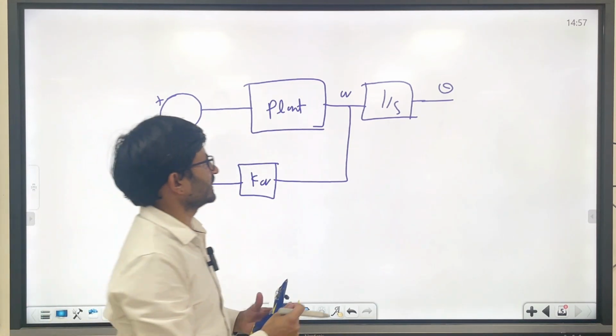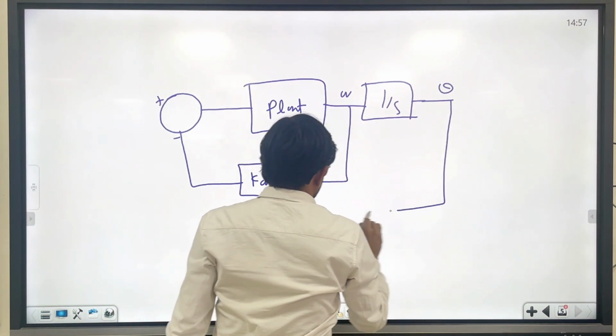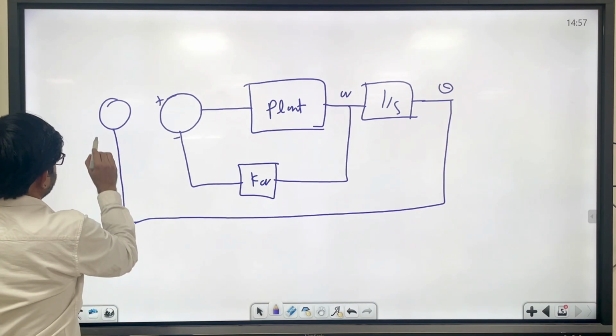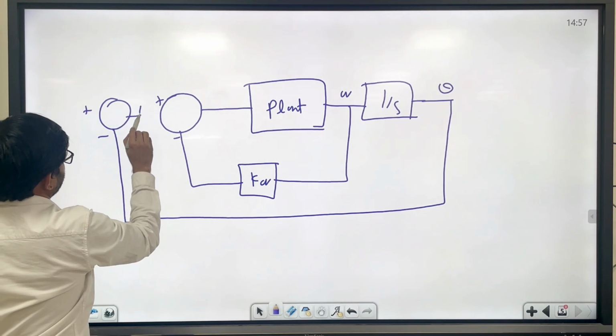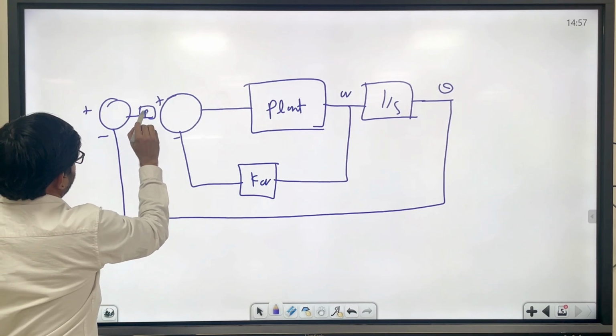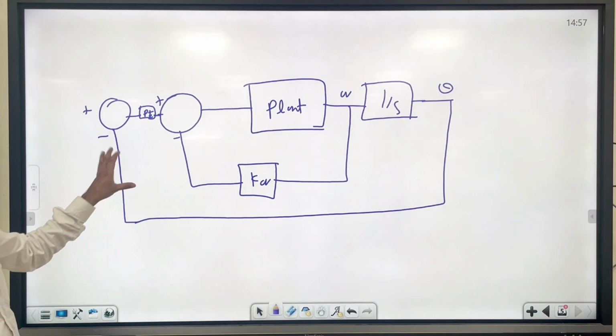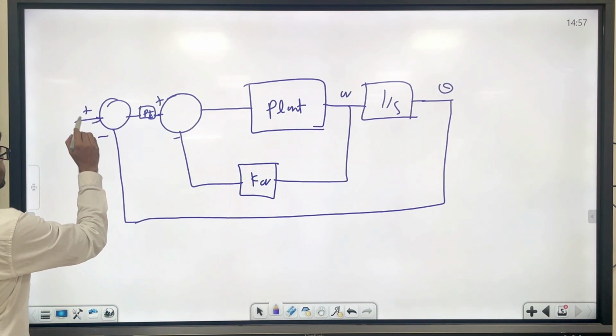This rate loop and theta loop we already discussed, right? This is minus, this is plus, and here you will use a PI controller, and the theta command will be given here.